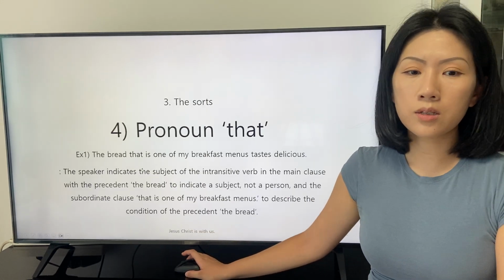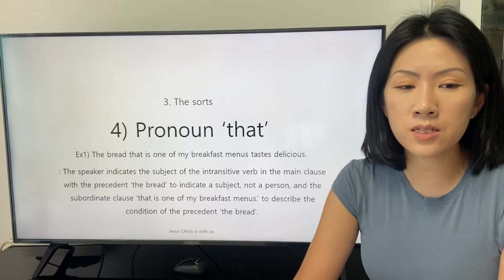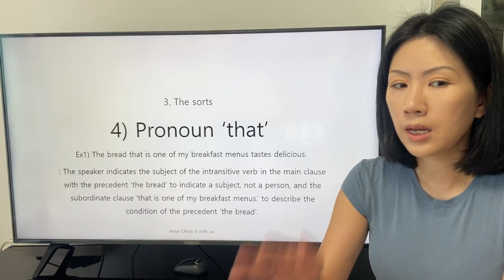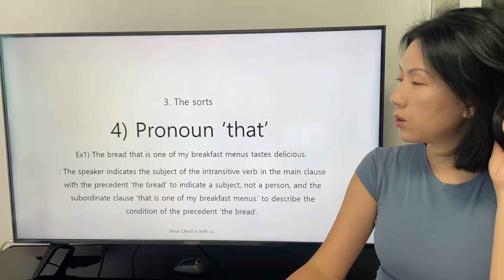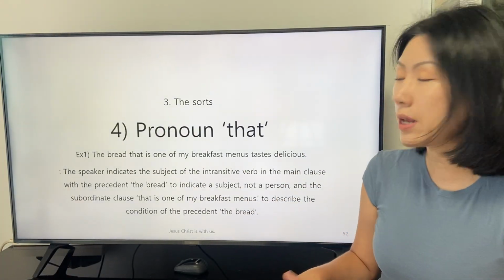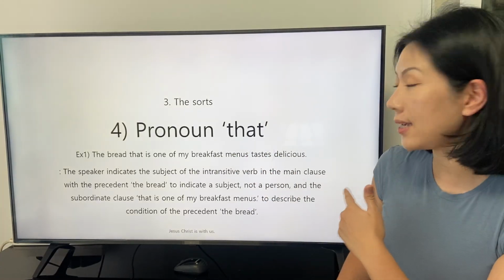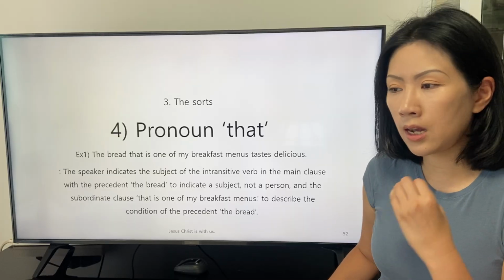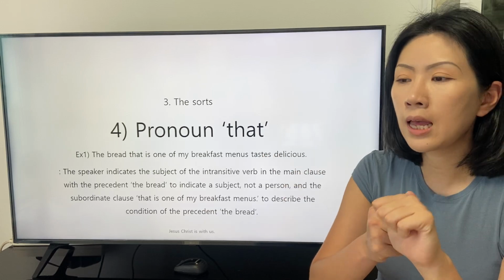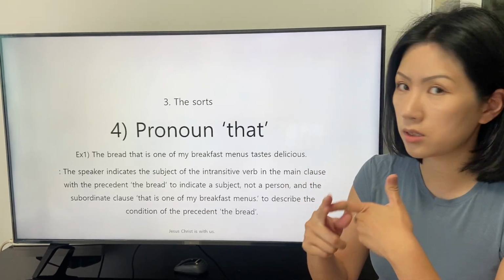Okay, let's study the examples one by one. The first example was this: the bread that is one of my breakfast menus tastes delicious. We can find the reason why the intransitive verb taste is in the form for the subject whose number is singular and that does not participate in the conversation with the speaker and the listeners.